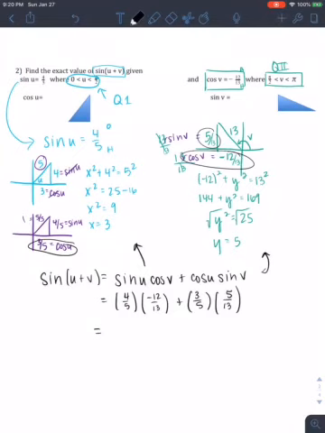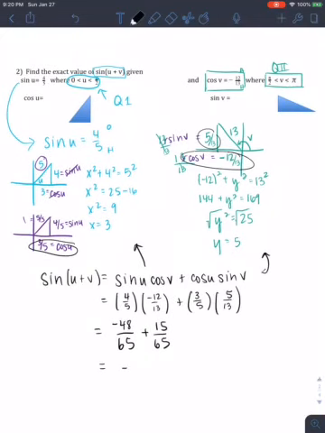Now we're just going to go ahead and evaluate. So multiply straight across, so we get negative 48 over 65 plus 15 over 65. And we get negative 33 over 65 from common denominators.